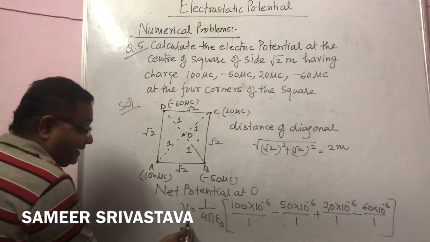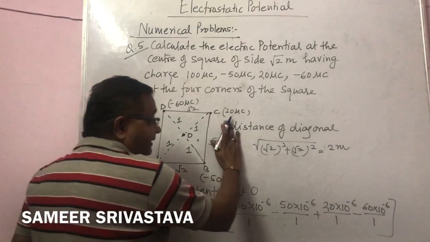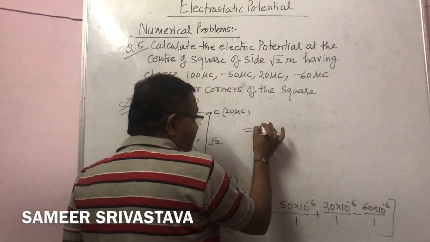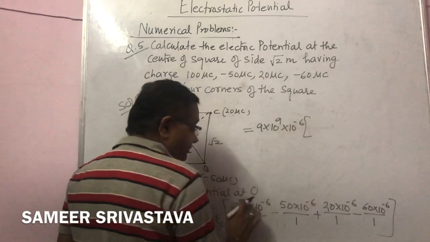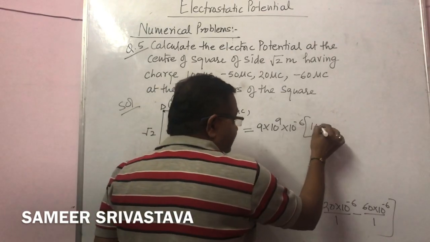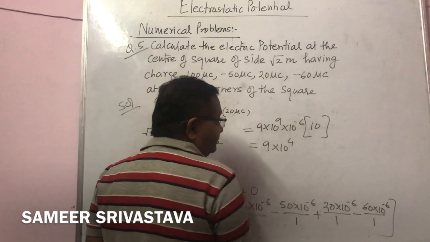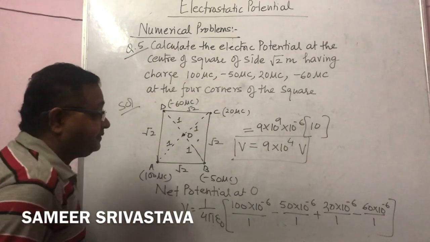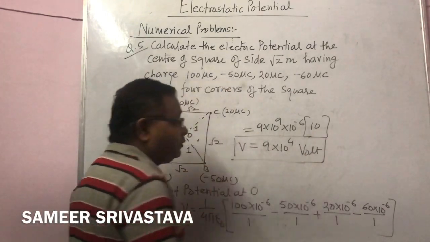Now after calculating, 1 upon 4 pi epsilon naught is 9 into 10 to the power 9. 10 to the power minus 6 will be common for all. 100 plus 20 is 120, minus 110, this is 10. So the final answer will be 9 into 10 to the power 4 volt. The total net potential at the point O is 9 into 10 to the power 4 volt.